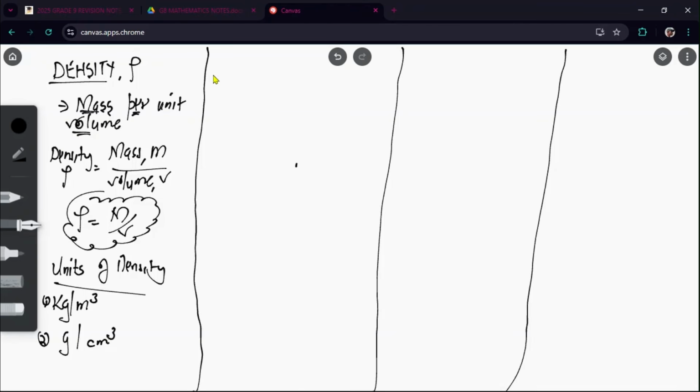Also an important NB here: if I am having units in kilograms per meters cubed, and I want to get them into grams per centimeters cubed, I divide my answer by 1000.